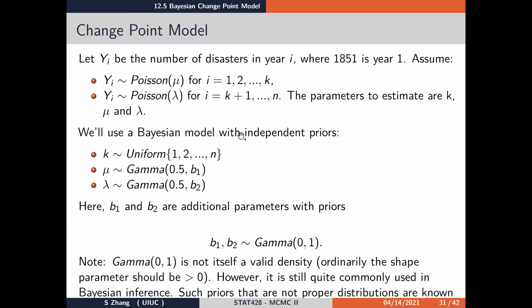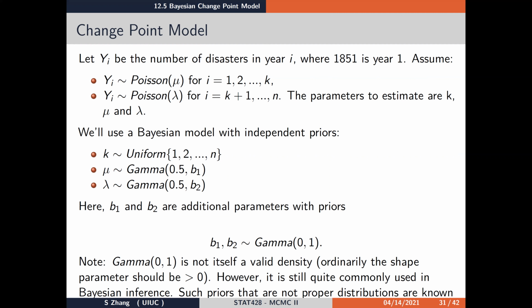This is where the change point model can be useful. Let yi be the number of disasters in year i, where 1851 is year 1. Let's assume that yi follows a Poisson distribution with parameter mu for all i's before k, and yi follows a Poisson distribution with a different mean lambda for all i's after k, so from k plus 1 to n.